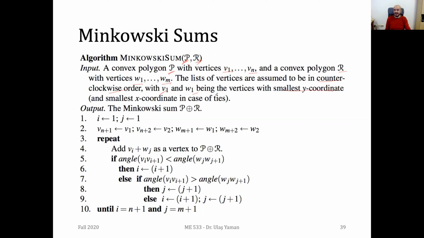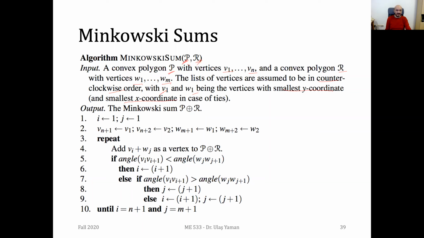If V1 and V2 have the same smallest y coordinate, then you check which one has the smallest x coordinate.